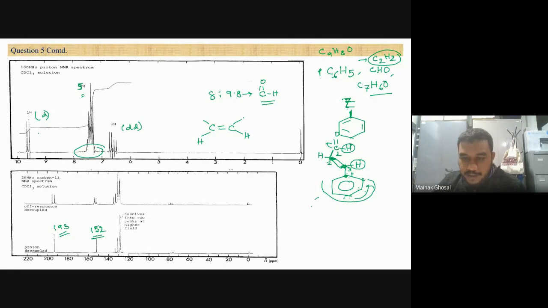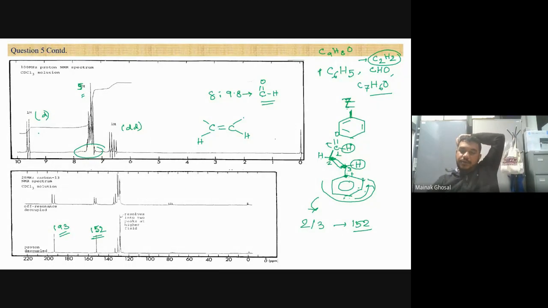So which one will be 152? 2 or 3? Just like the previous case, this is an alpha beta unsaturated compound.